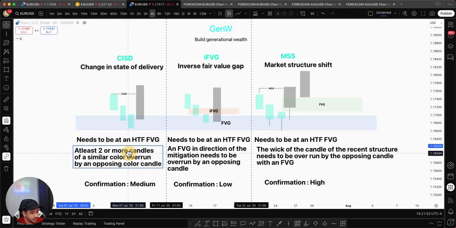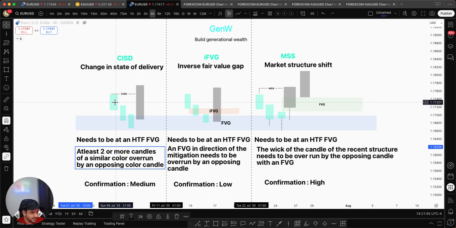The other important thing which I want you guys to know, there has to be at least two or more candles of a similar color overrun by an opposing color candle. Why do I say two or more? Because they are high probable. Yes, definitely you can be aggressive and you can take a change of state in delivery just based on one candle.